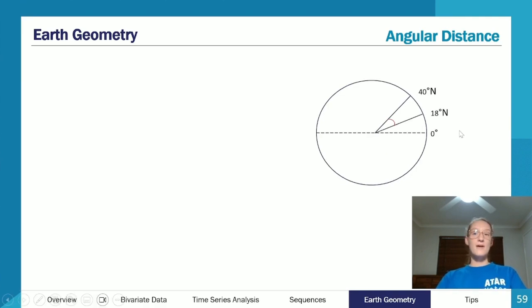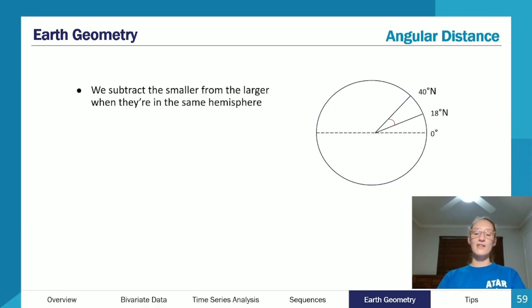But what about when we have this scenario here, when they're in the same hemisphere? Now we're only trying to figure out what this little value in here is. So I'm no longer interested in the other hemisphere or how far it is from the equator. I'm only interested in finding out that here. Because I know that this is 18 degrees and altogether this is 40 degrees, this in here must be the difference between 40 and 18 degrees.